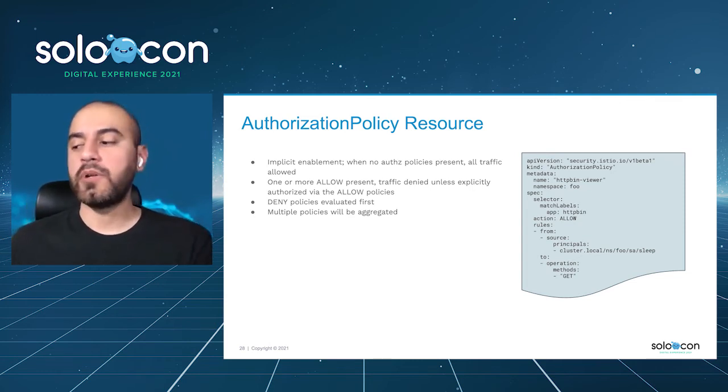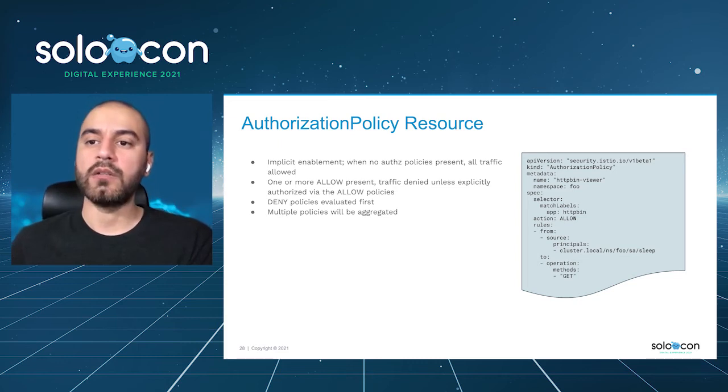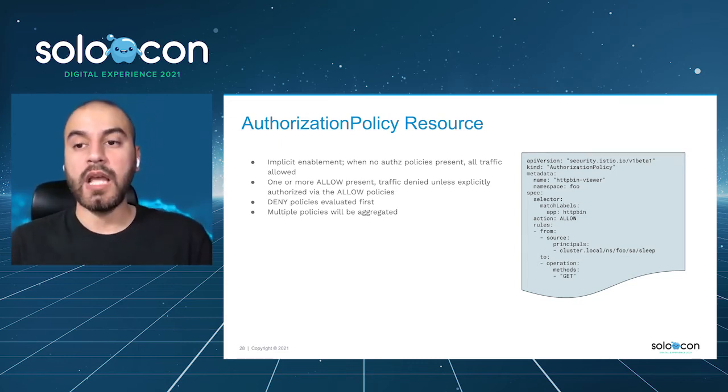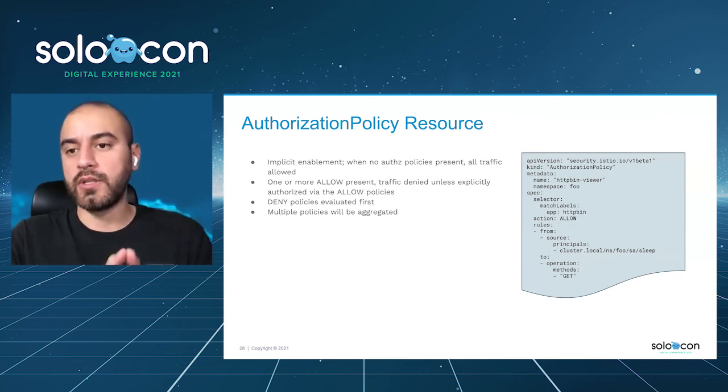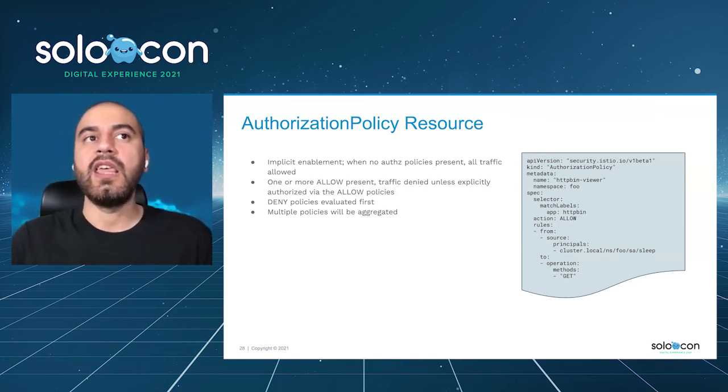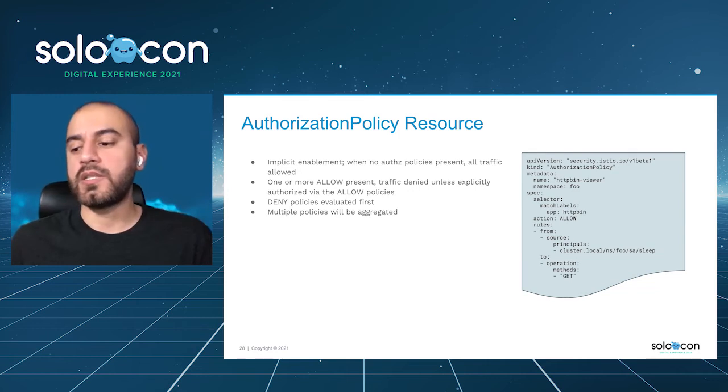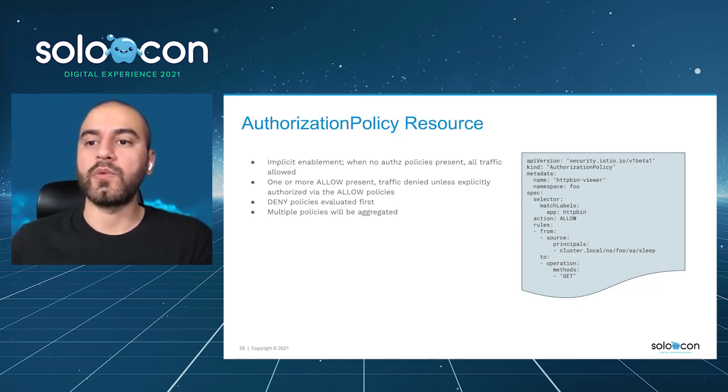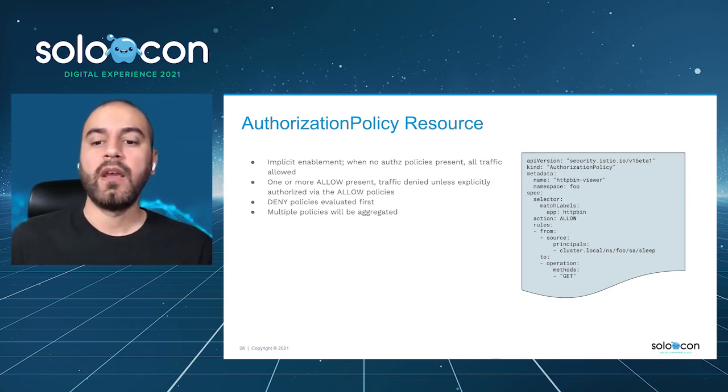And then you can build on top of that and create deny rules, right? If you have a deny and an allow rule, all deny rules are evaluated first, and then all of the allow policies will be run. And again, if there's anything that's not either explicitly denied or allowed, once you get to the end of that chain, or that list, then everything else is denied once the allow rule is present.